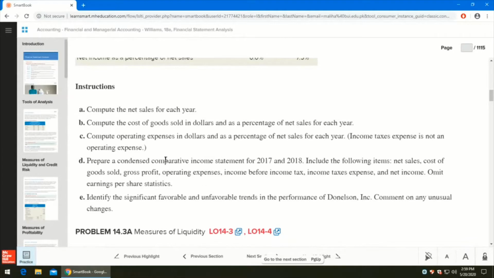Then you can have a condensed comparative. I already discussed this in the last lecture. What's condensed comparative? It means that you can have one consolidated set of company financial figures once all your subsidiaries post the data to you. In this case, this is not consolidated but rather condensed, in the sense that you're giving one big picture.